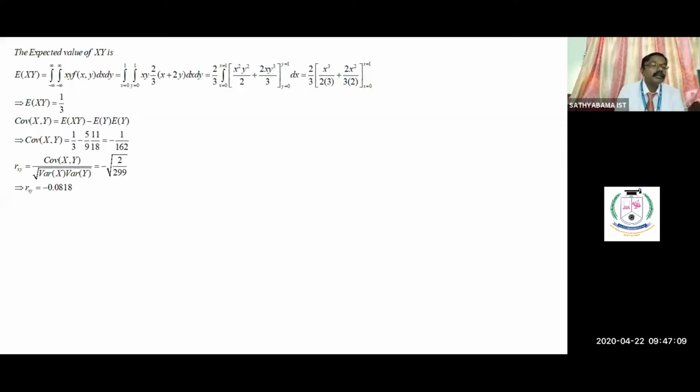The formula for this is covariance of xy by square root of variance x into variance y. When you substitute the values of the covariance and the variance, we get minus square root of 2 by 299. Either you can write in fraction or you can write in decimal. So the correlation coefficient is minus 0.0818.